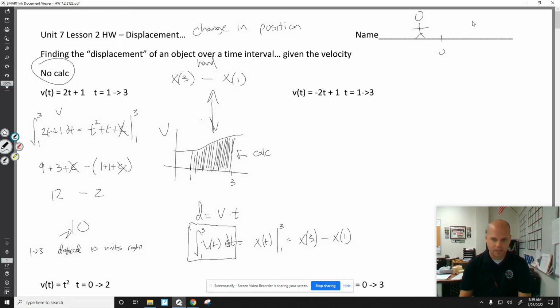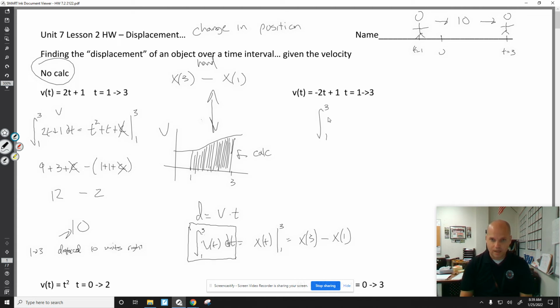You've got to be careful with that. You're just saying, at time one, he's at a location. Where it is, I don't know. But then when I stop the stopwatch at time three, he's displaced 10 units and ends up over here. Okay. And we're just going to continue to do that.